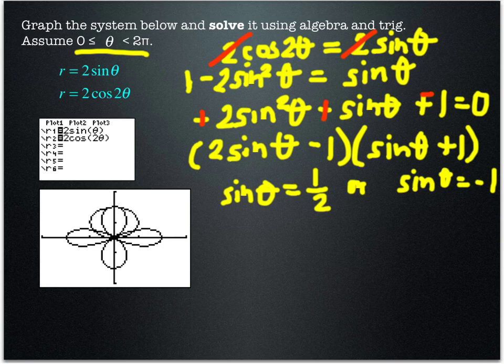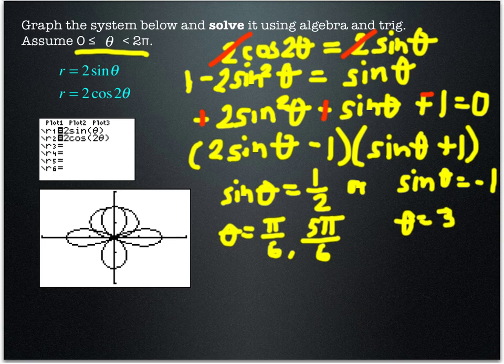It's not principal values like we learned about last time. So the two places where sine theta is 1/2 is pi over 6, or 30 degrees, and also 5 pi over 6, which is 150 degrees. And over here, where does sine theta equal -1? That's going to be at 270 degrees, or 3 pi over 2.